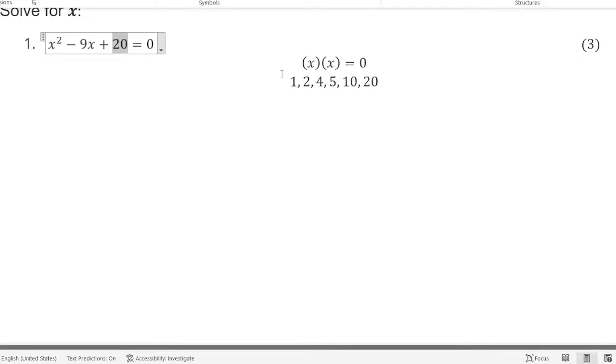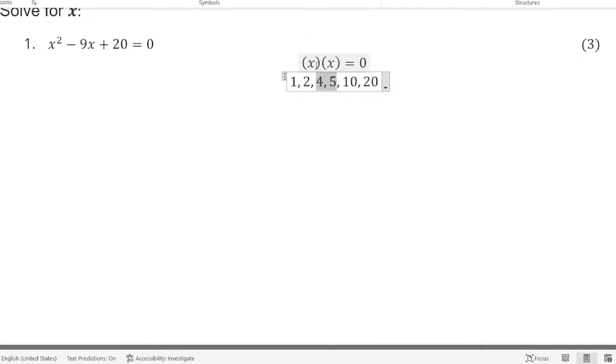So 1 goes with 20, and 1 plus 20 gives us 21. We'll cancel these two. We won't use them. 2 goes with 10, so 2 plus 10 gives us 12. Then we're left with 4 plus 5, which gives us 9. So the factors that we'll use are 4 and 5.